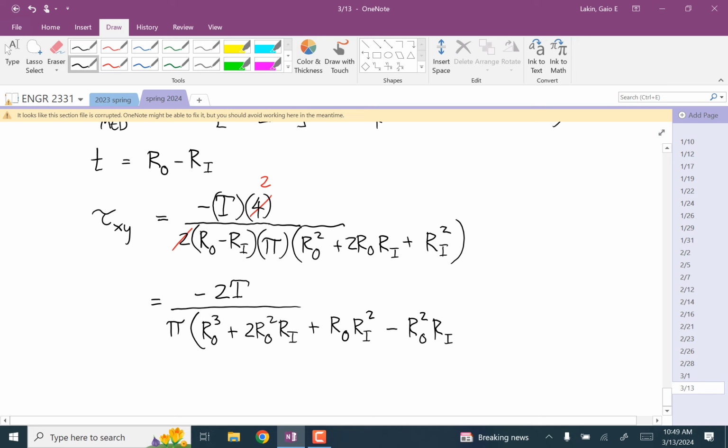So now I'm multiplying through the negative r inner, minus 2 r outer r inner squared, minus r inner cubed.